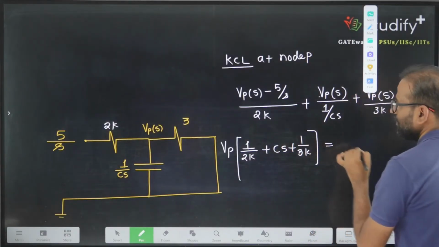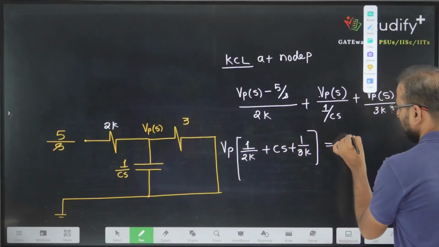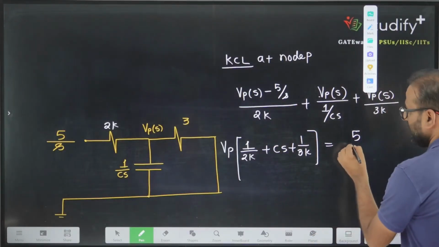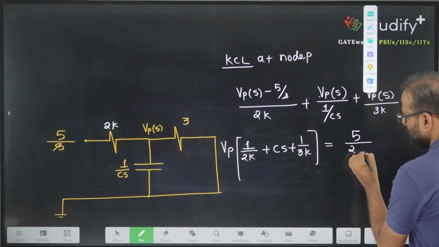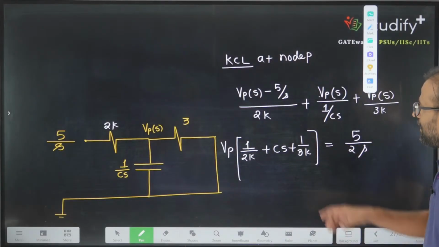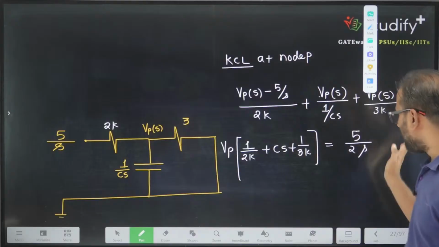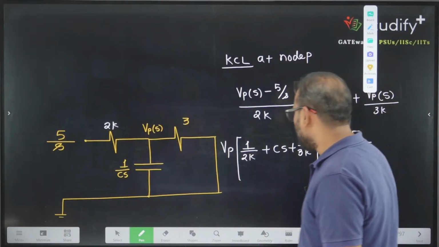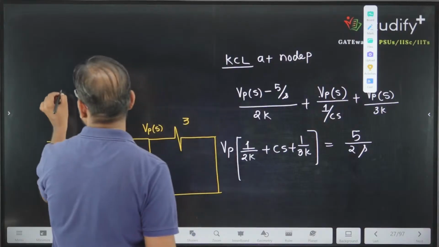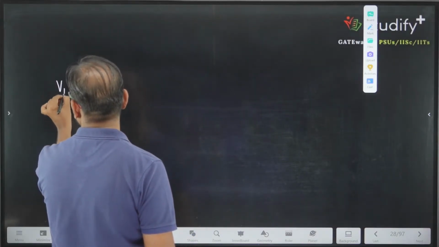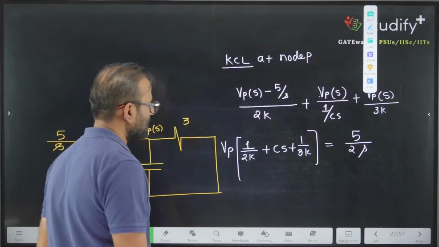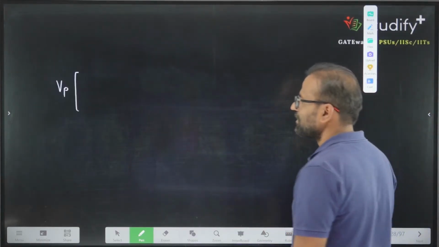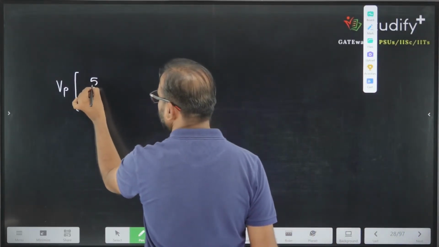This is equivalent to minus 5 divided by 2 into S. So on the opposite side this will be 5 divided by 2S. Now we can calculate the value of Vp. 1 by 2 plus 1 by 3 is 5 by 6.